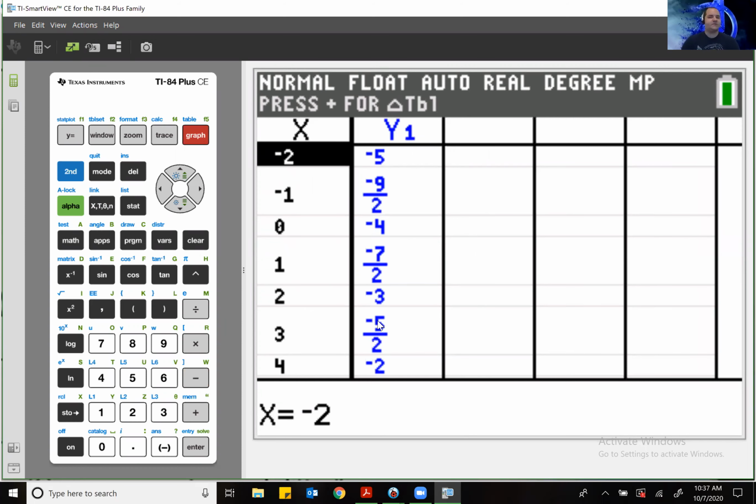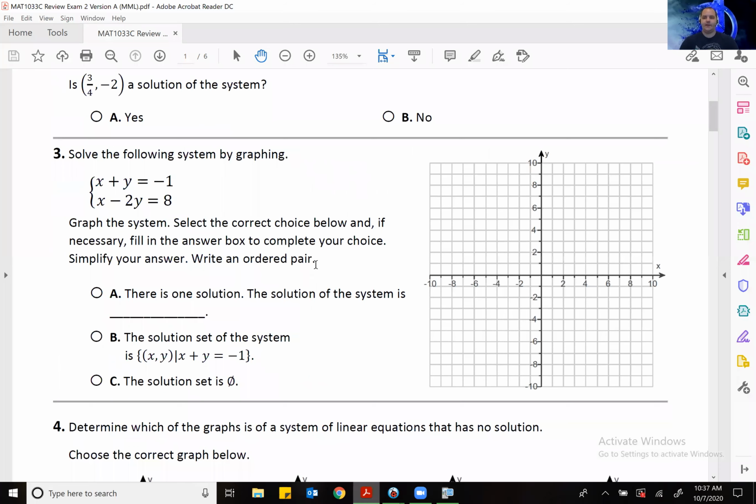So graph them separately, and then look to the graph and see where they hit each other, because your MyMathLab graph should be pretty accurate. Any question about number 3? Careful on the graphing.